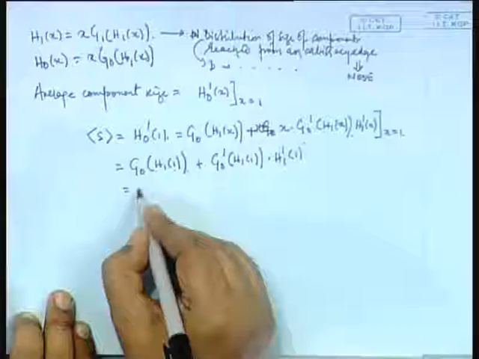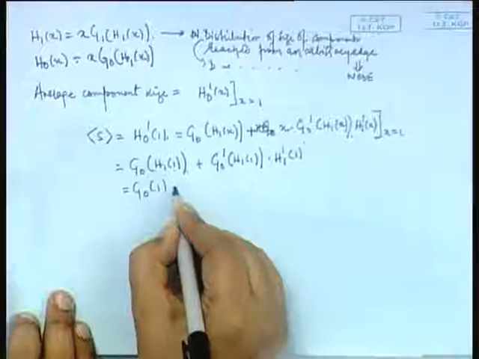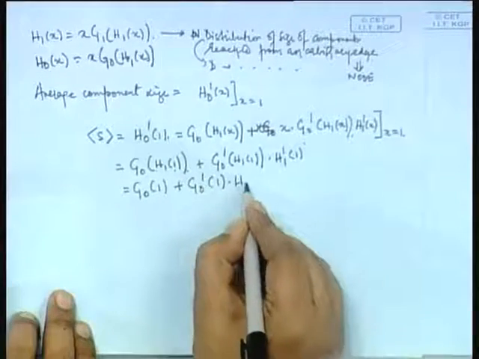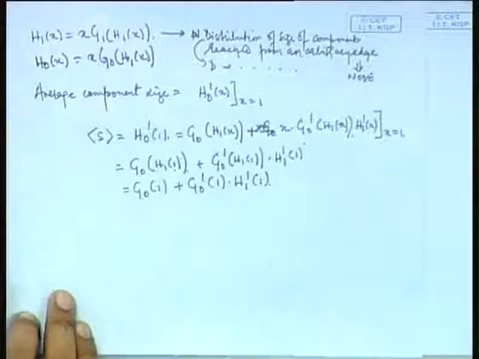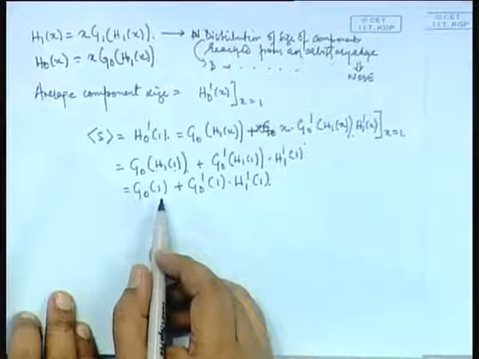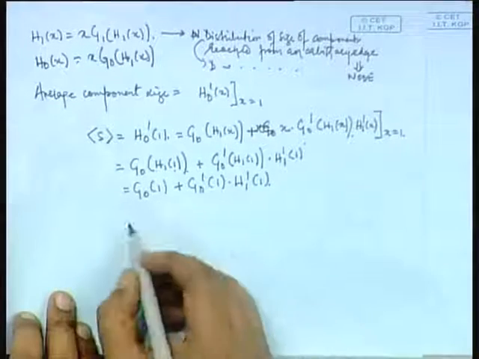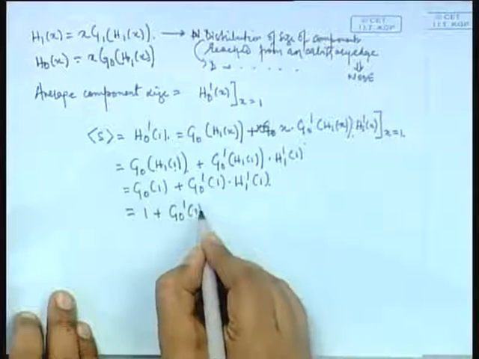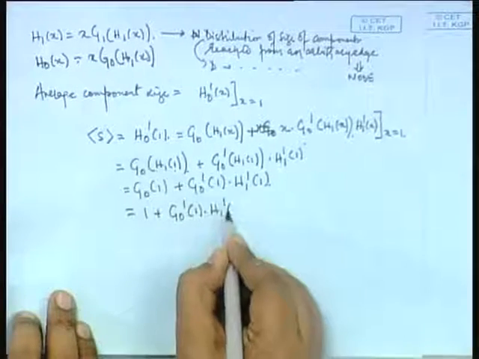Any generating function, when we put 1, should be 1 if it is properly normalized. So, G0(1) plus G0'(1)·H1'(1). What is G0(1)? Simple, it is 1. So, 1 plus G0'(1)·H1'(1).